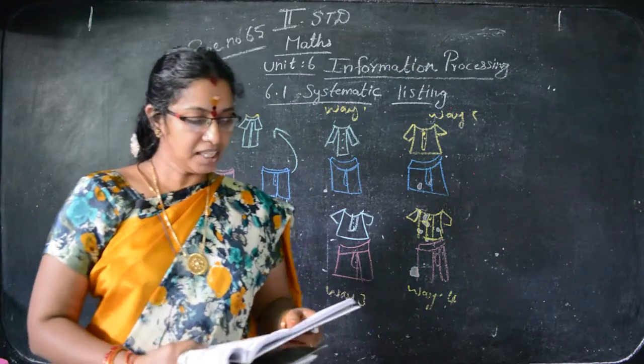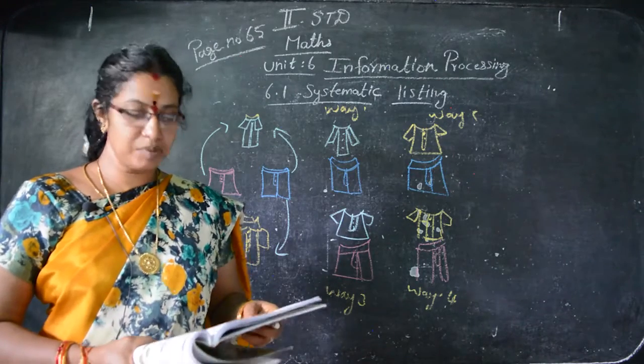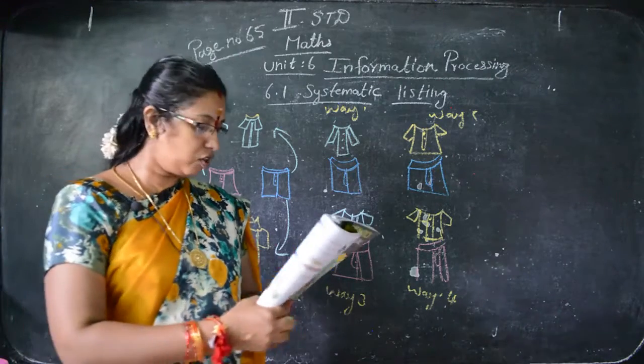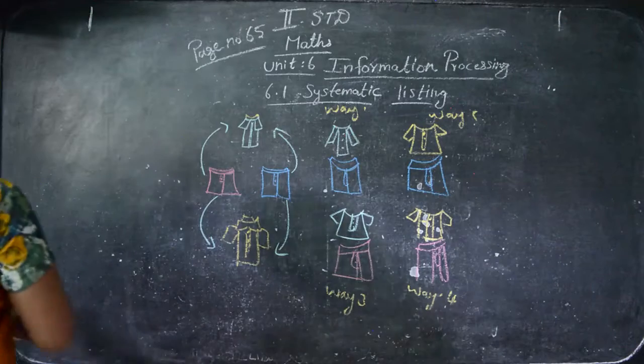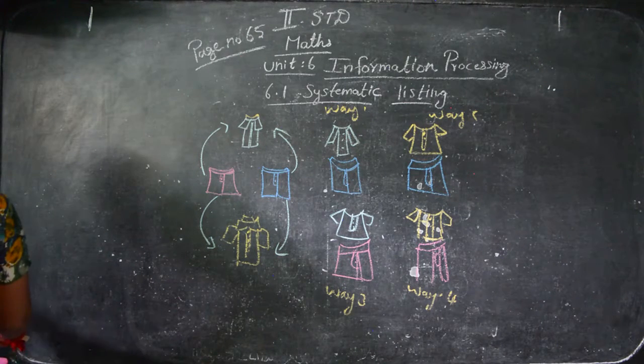See here, next one is given. Find all the possible ways for arranging a pair of cups among the 4 cups. 4 cups are given here, 1 way and 2 way are given here. Purple and green color cups are given. Same page number only.